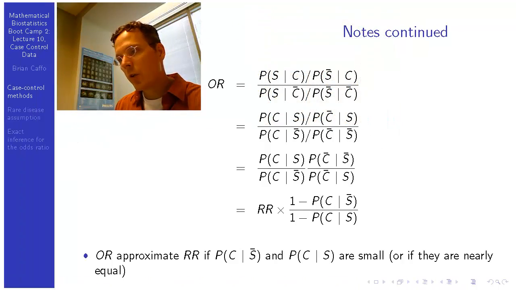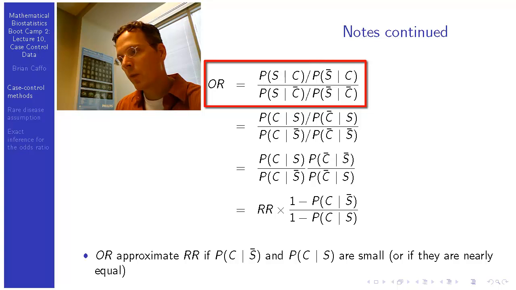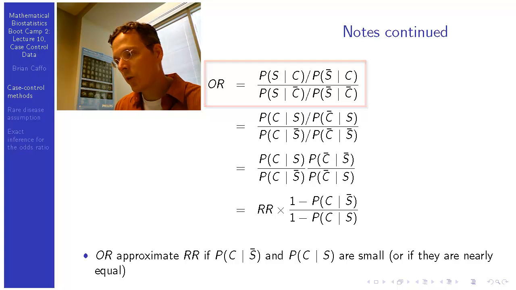Okay, so the odds ratio is here, right? Probability of a smoker given that you're a case divided by the probability of non-smoker given that you're a case, and so on. You can read this top line. Then we can reverse the odds ratio, right?